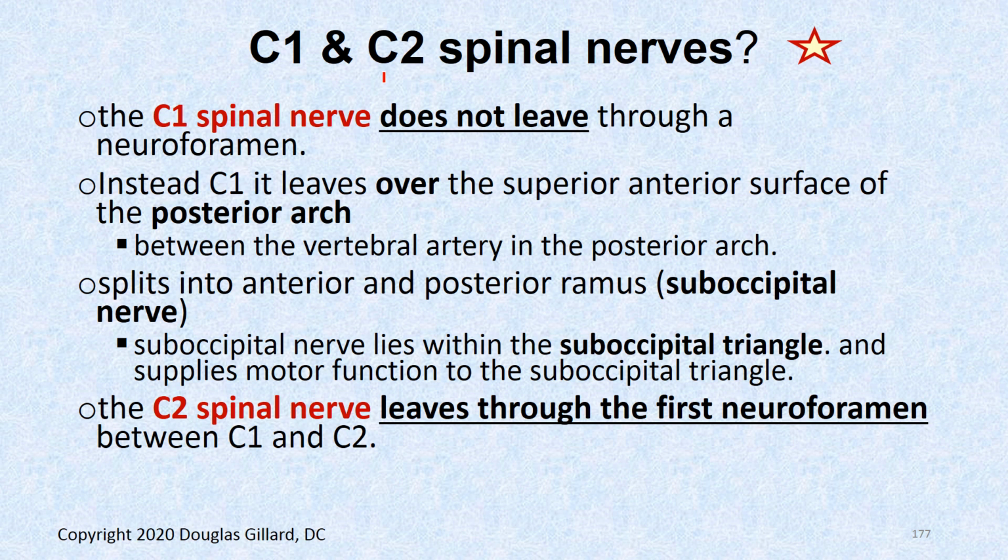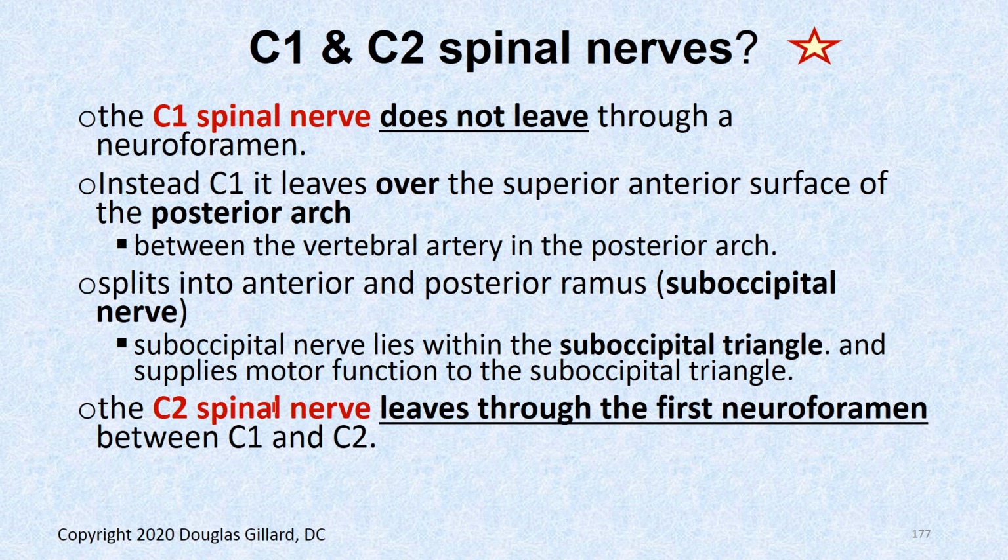So it just leaves by coursing over the superior anterior portion of the posterior arch, specifically between the vertebral artery and the start of the posterior arch. And then it splits into an anterior and posterior ramus. The posterior ramus is clinically important because that gives rise to the occipital nerve, and that's the headache nerve. Irritations of that thing, definitely. There's a lot of research on that and headaches.